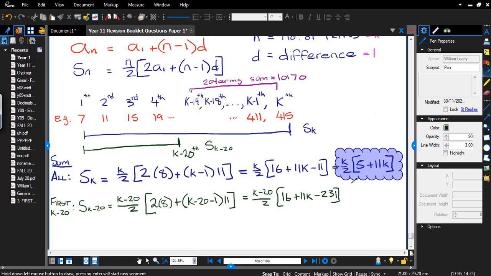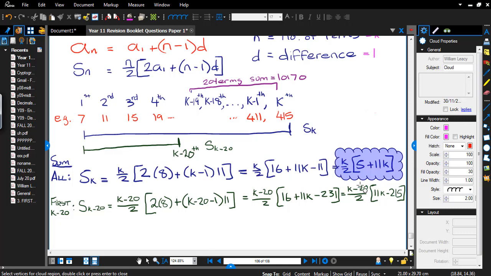And then we just clean this up. So that equals k minus 20 over 2, and in brackets, we can clean that up. It's going to be 11k minus 215. And that's it. Alrighty, so whatever, I'll cloud that.